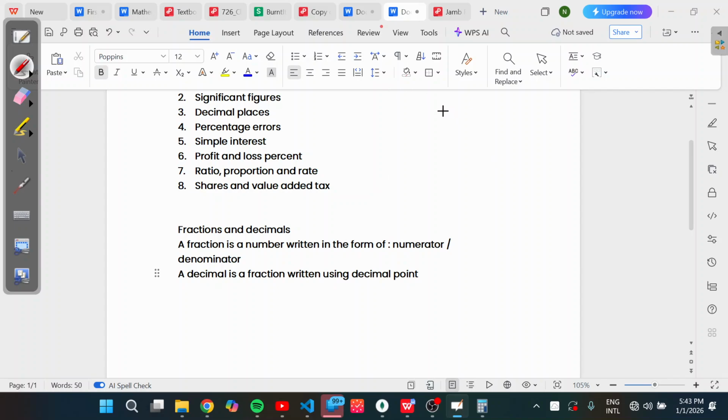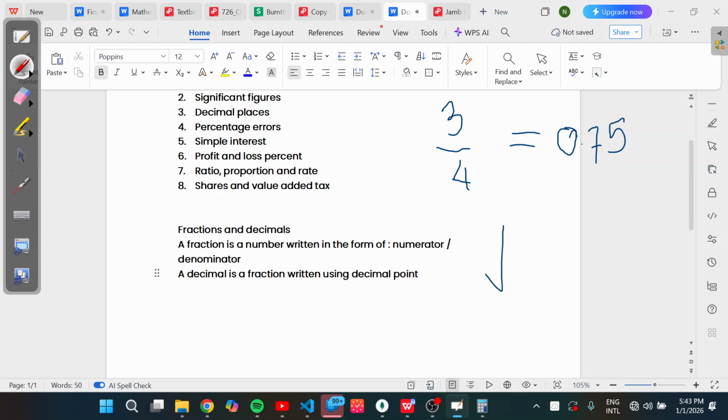Let's take 3 over 4, for example. 3 over 4 can be written as 0.75. Now you may be wondering, how did we get 0.75 from this number? And it's honestly quite simple.